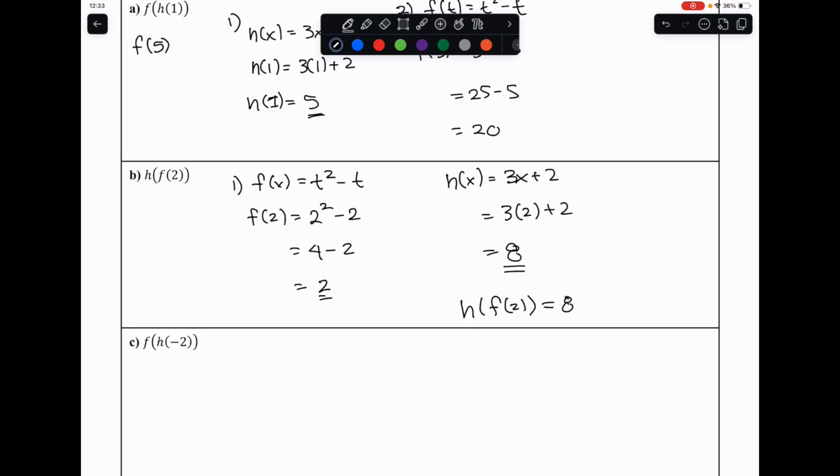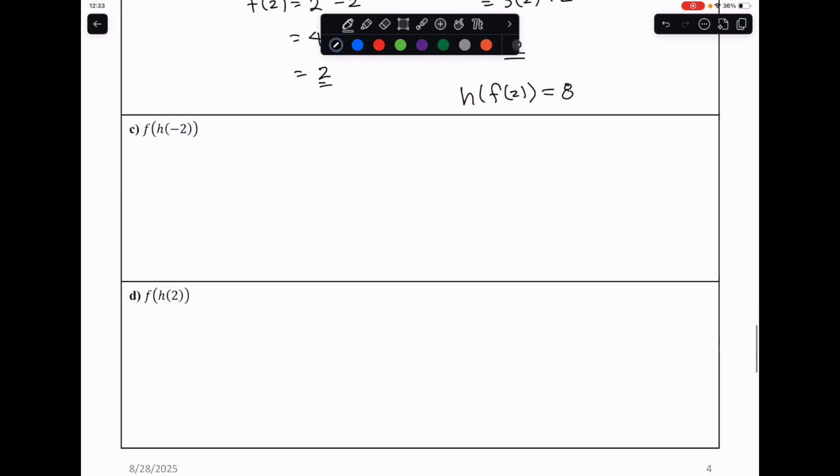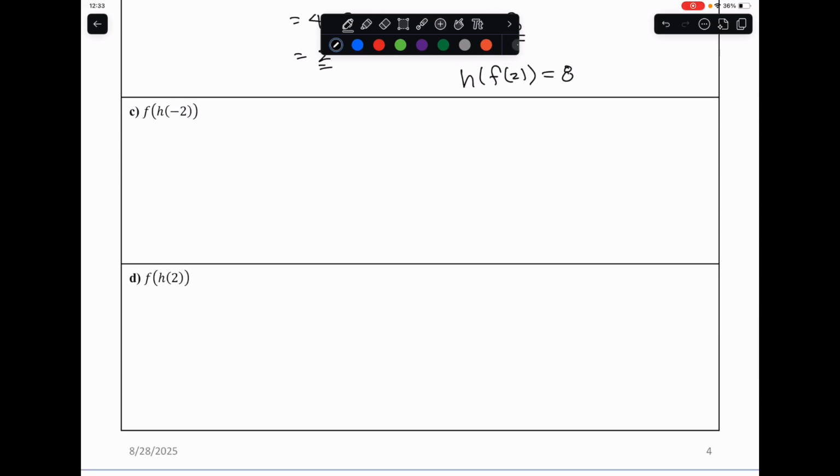And let's just do a couple more examples just so you could see again in practice. So again, h is on the inside, so we'll start with h first, and we're going to now evaluate negative 2, so this would be 3 times negative 2 plus 2, which is negative 6 plus 2, which is negative 4.